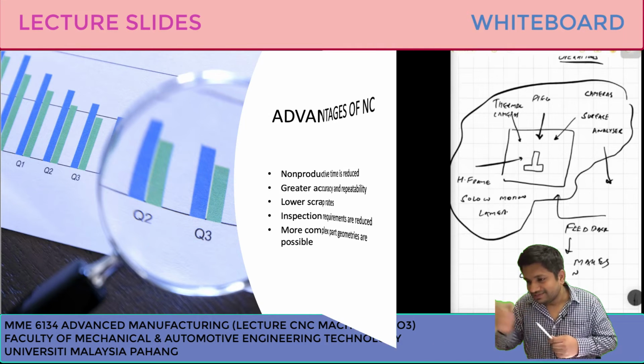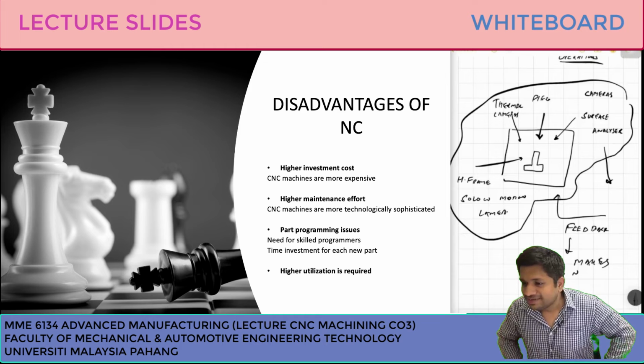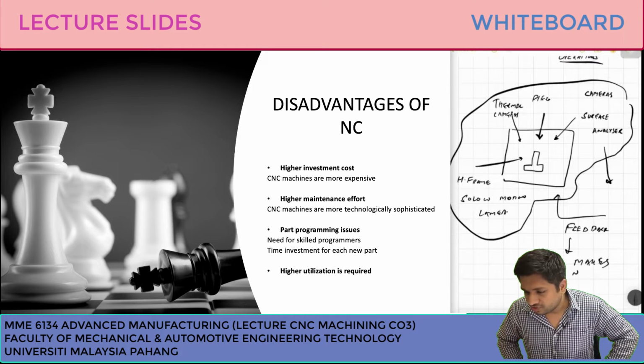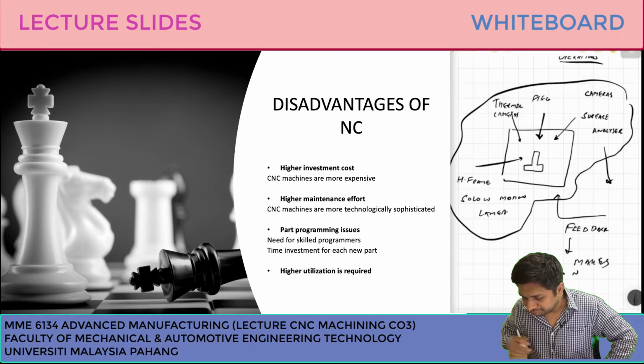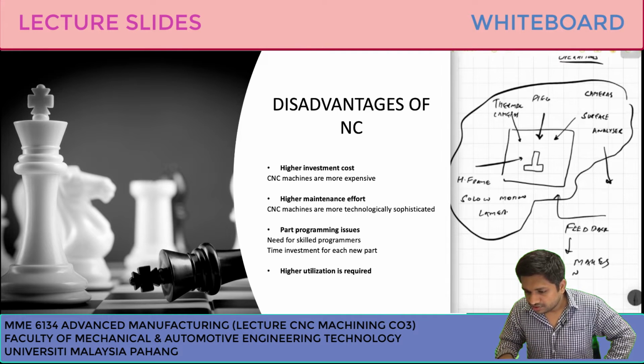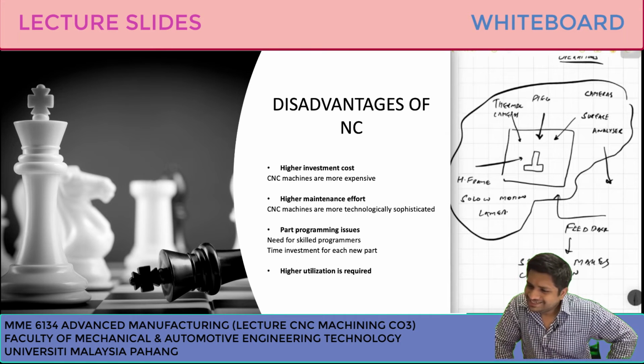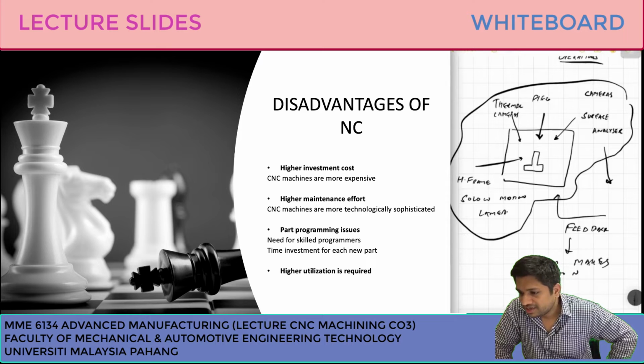So now you guys perhaps might already have been seeing these systems coming to Malaysia and global manufacturing industries. Okay, so these are the disadvantages, but these disadvantages are now no more applicable because these are our requirements.